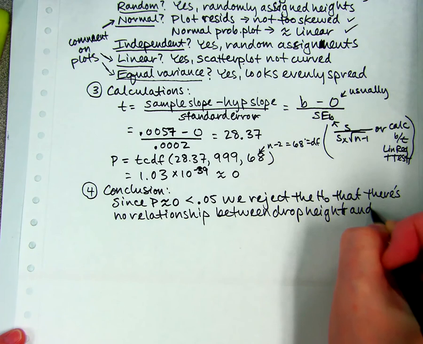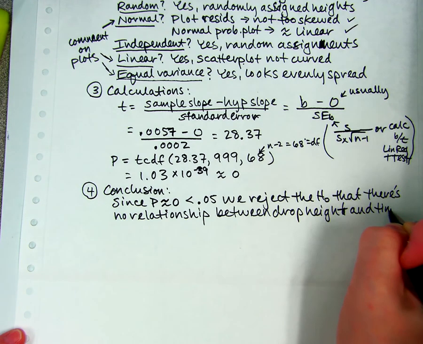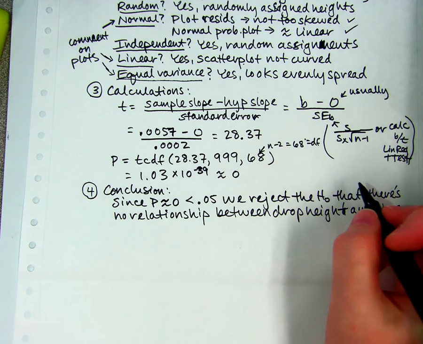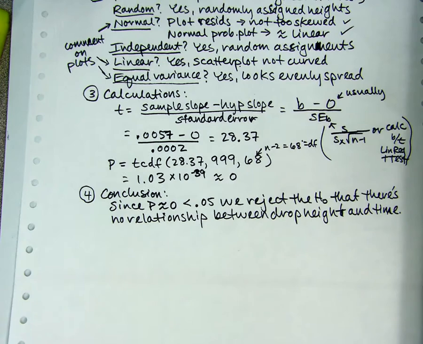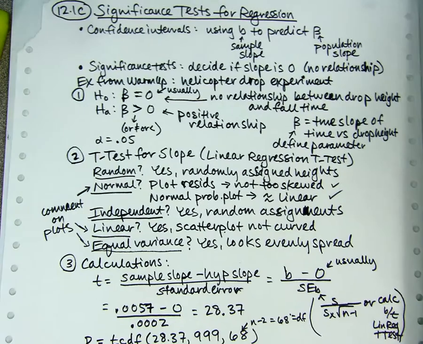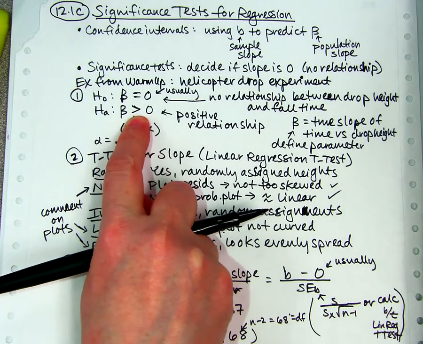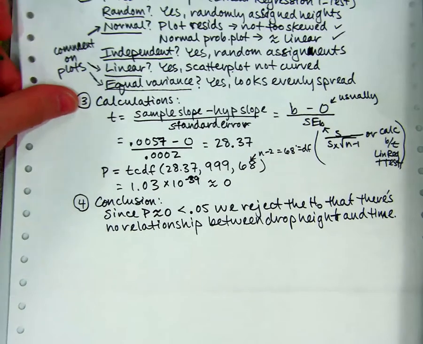and time. And then we make a conclusion about our alternate hypothesis, which we've done in other chapters before, and I want to remind you, we said greater than because we thought it would be a positive relationship, and this very, very low p-value is evidence that that is true.